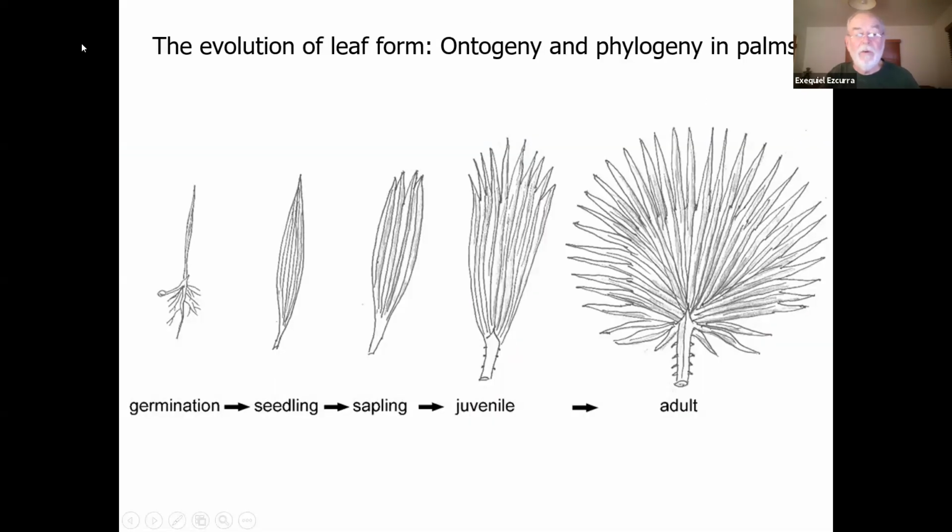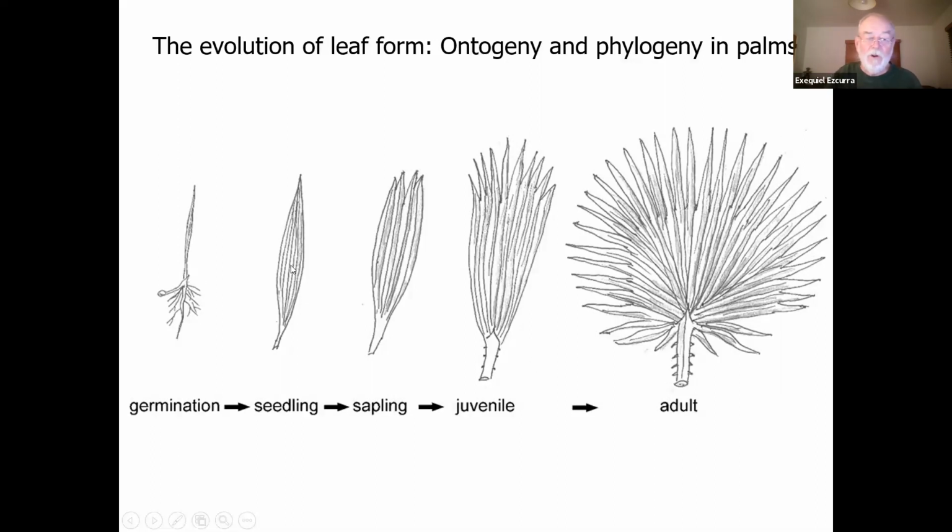So here I have a summary of the development during the lifetime of a palm, of the typical palm leaf. When it germinates, this is the seed, one single cotyledon that attaches the seed to the seedling, and the first leaf looks almost indistinguishable from a corn seedling, for example. It looks very, very similar to any seedling in the grass family.